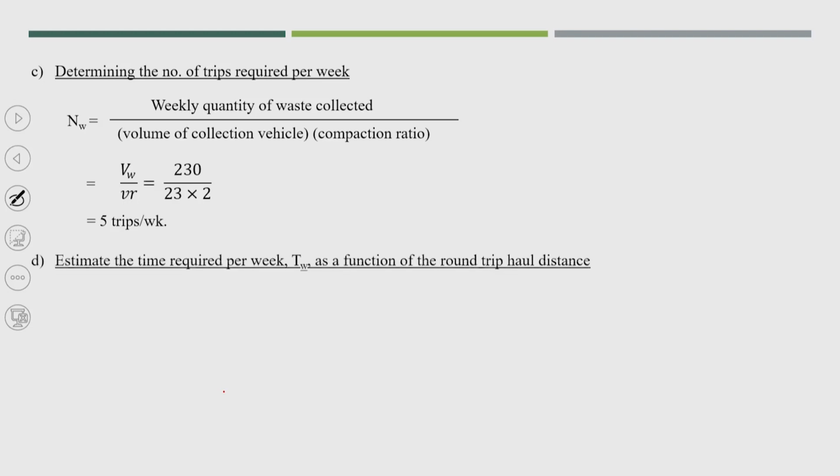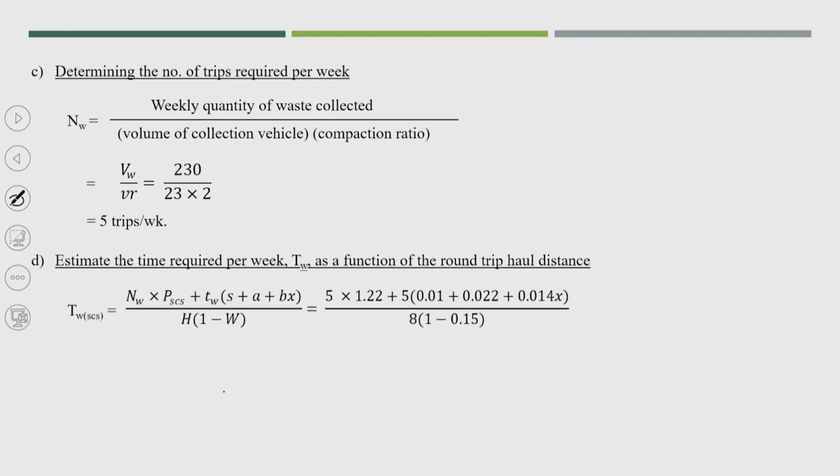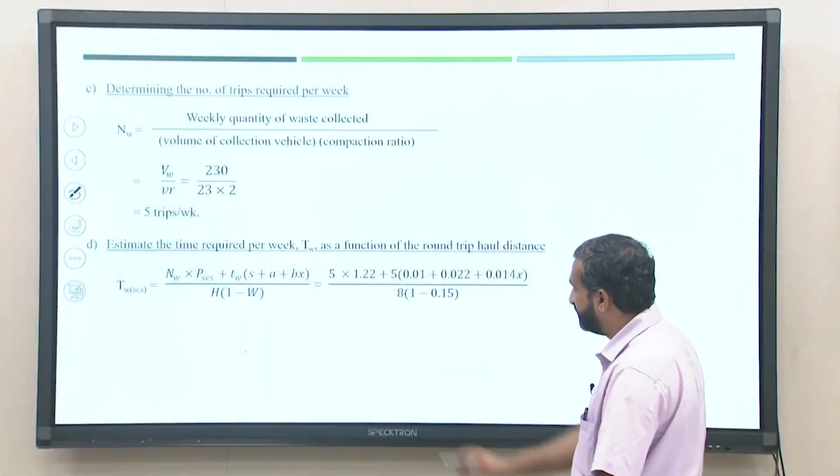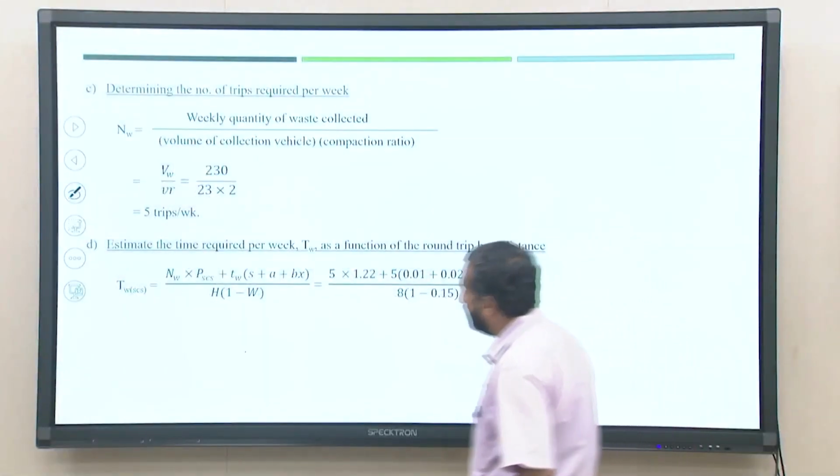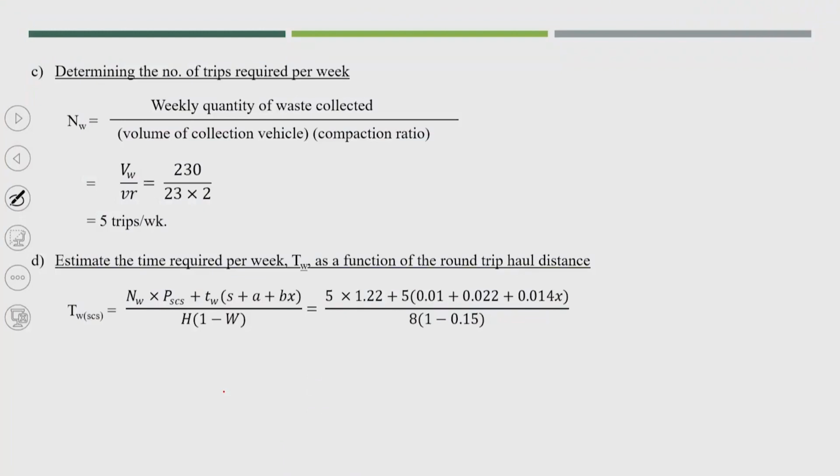Now, we can estimate the time required per week, TW, as a function of round trip haul distance. This equation we already found in the previous lecture. Here NW is the number of trips per week, and small nw is a round off value of the NW value.